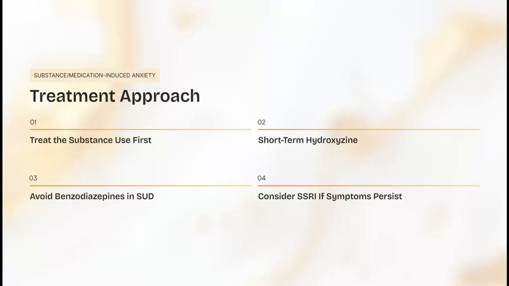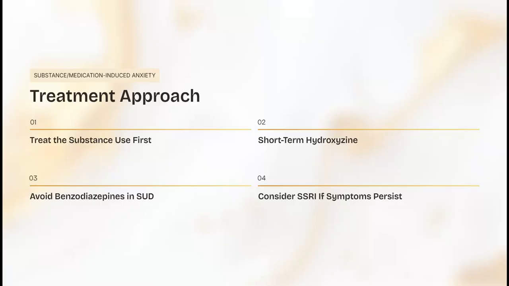Benzos should be avoided in patients with active substance use disorders because there's a high potential that they can get addicted. So except in rare cases like alcohol withdrawal, you're going to see benzos used. I think it's lorazepam. You're going to see benzos used for alcohol withdrawal.